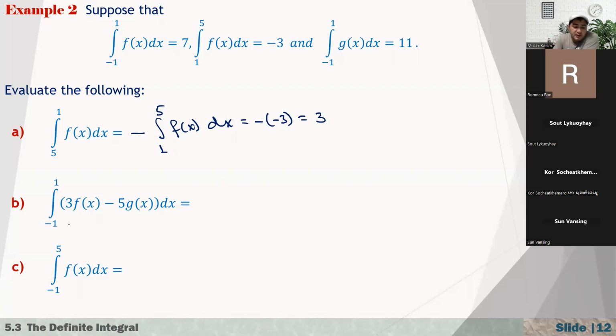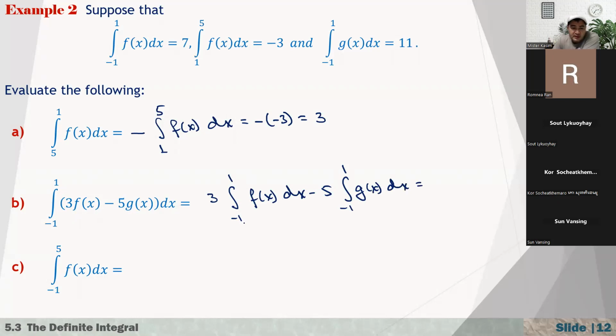And how about this one, from -1 to 1 of 3 times f of x minus 5 times g of x? Again, using the properties of the integral, I can rewrite this as 3 times the integral from -1 to 1 of f of x dx minus 5 times the integral from -1 to 1 of g of x dx.